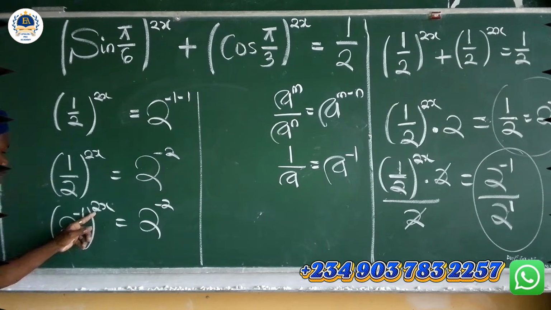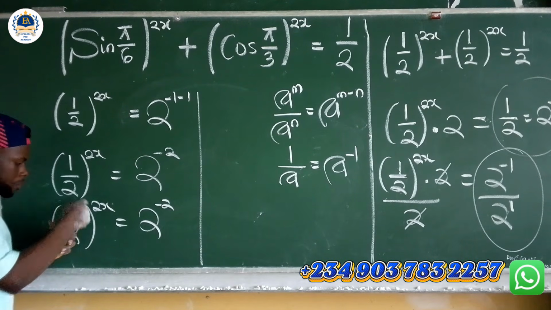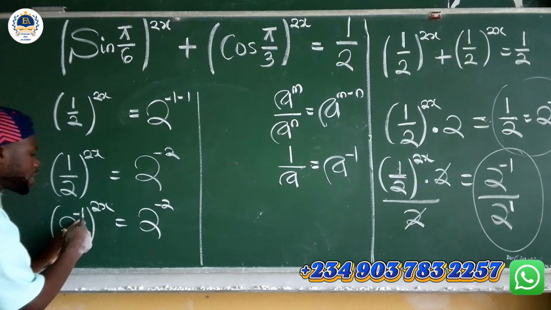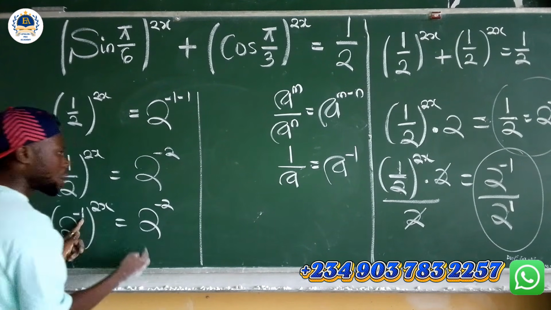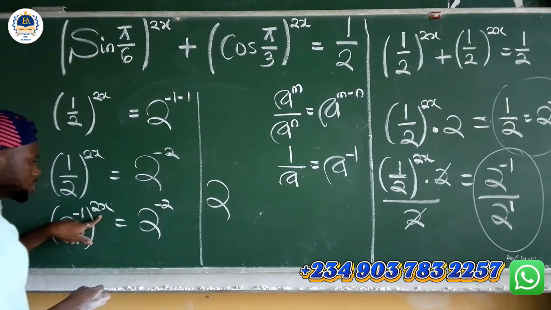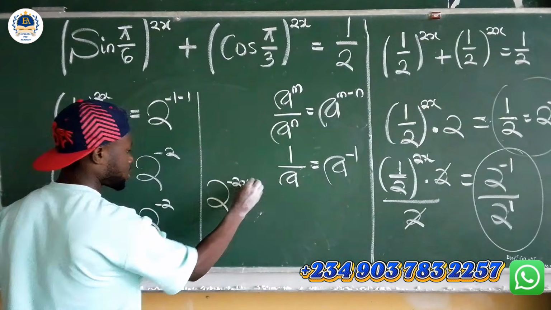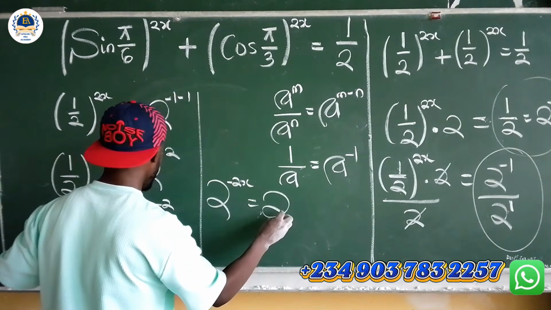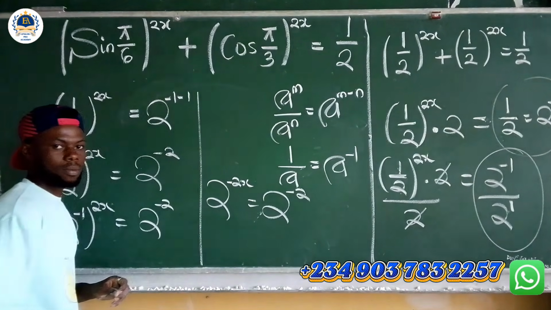In the power laws, if you have a power, bracket open, another power, the law states that we should multiply the powers together. So that will yield 2 raised to the power of minus 1 times this gives minus 2x, which is equal to 2 raised to the power of minus 2.